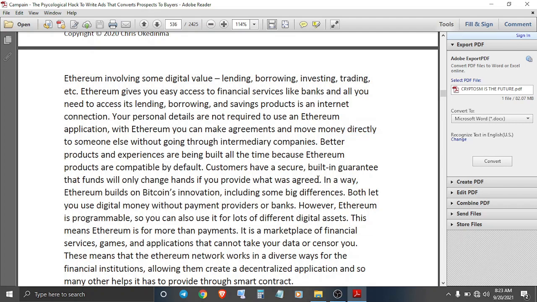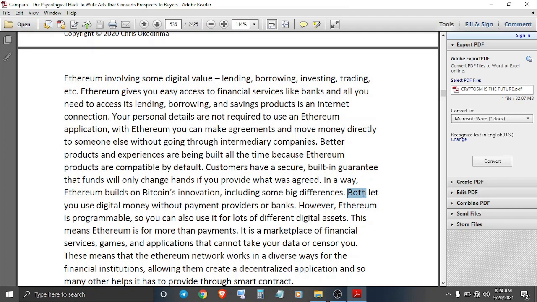Okay, now, in a way, Ethereum built on Bitcoin's innovation, including some differences. Ethereum has upgraded the Bitcoin type of network, but they still remain with the initiative that Bitcoin brought. Let's see how they did it.